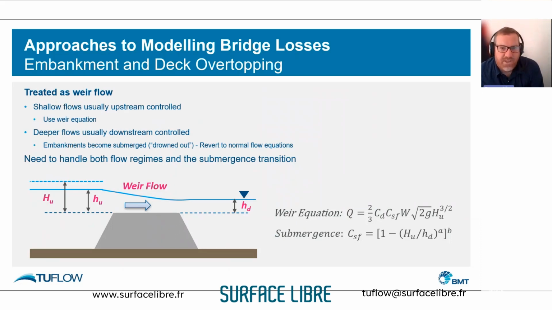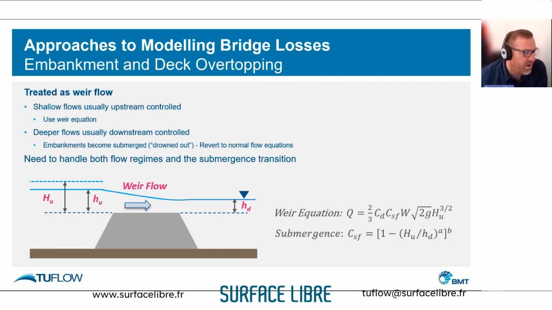Finally, we have the overtopping of both the embankments and the bridge deck itself. This is usually represented by treating the flow over the top as either upstream or downstream controlled weir flow. It starts off as upstream controlled, with shallow flows going over, so we use the weir equation.